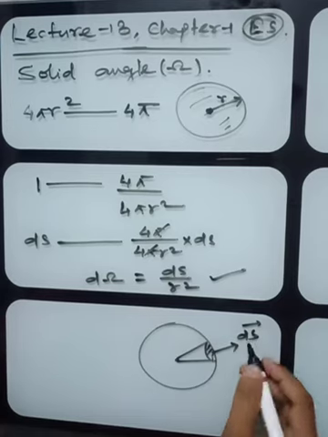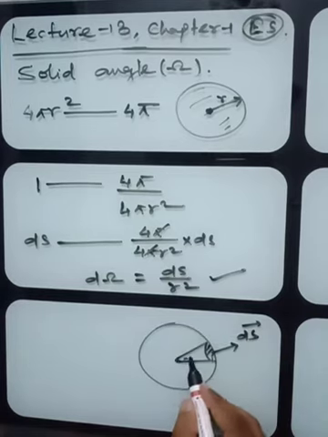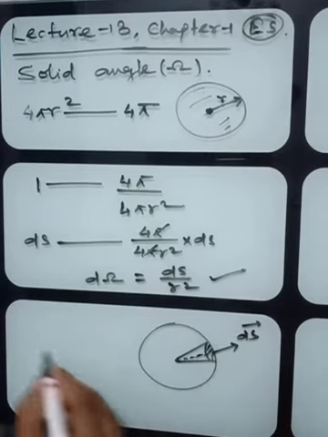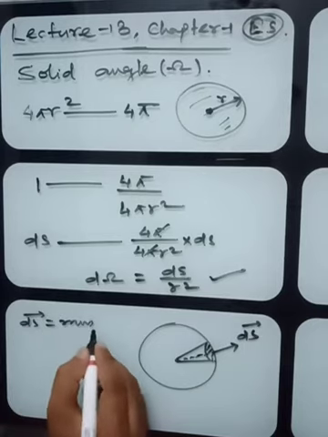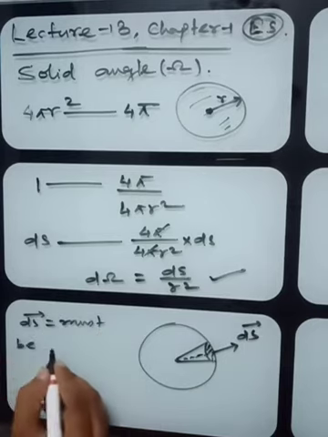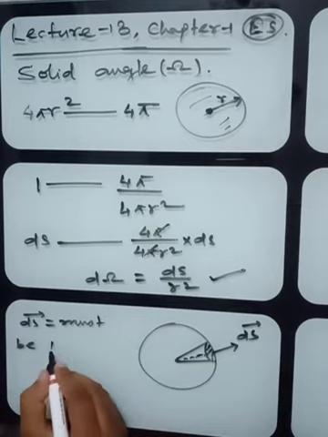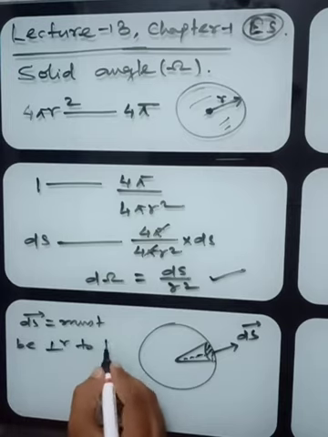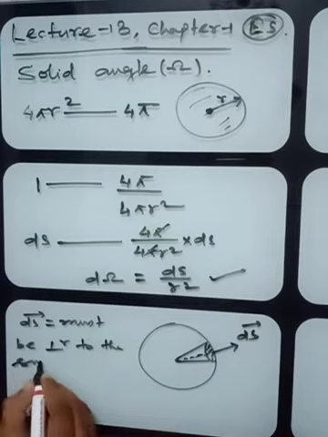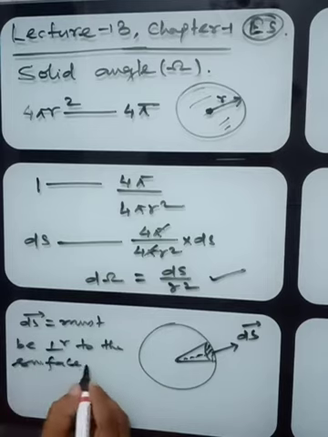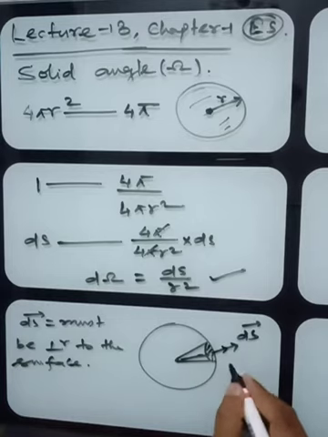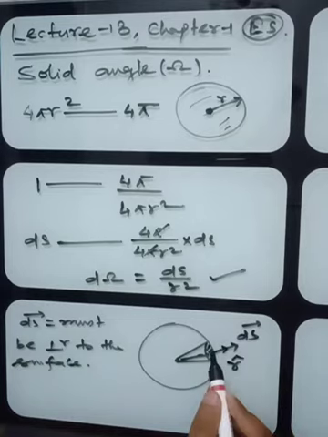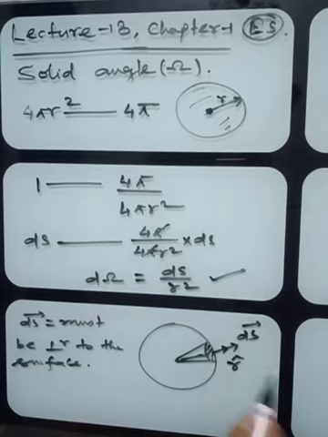The surface area vector ds must be perpendicular to the surface, and if it is perpendicular to the surface, then the direction will be along r cap, because at each point the surface perpendicular direction will be radially outward.